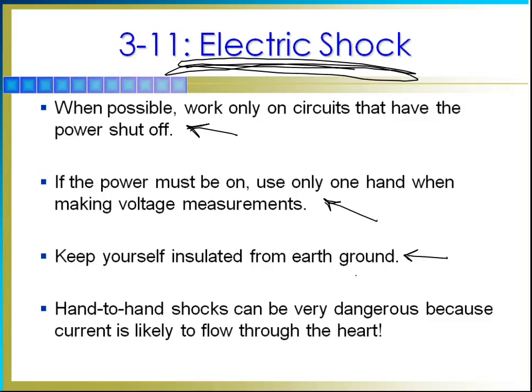Not to mention the fact that even if you're not going through your heart, current causes heat. Heat will kill muscle. It's just a bad thing. So where you go, there you go, hand to hand, bad stuff going through your heart. So be aware of electrical shock possibility when you're working in electronics.